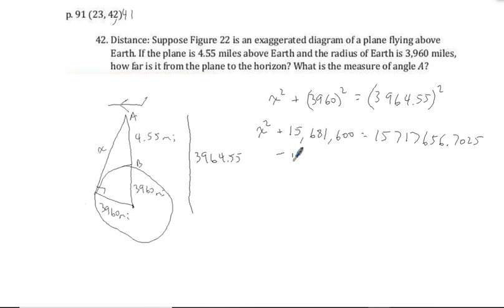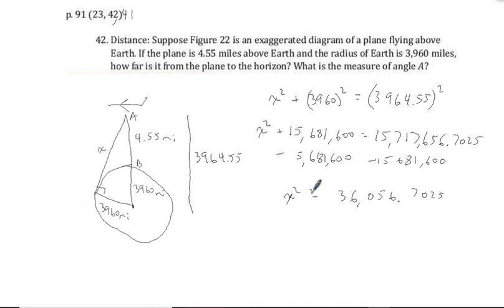We're going to subtract this 15,681,600, and we'll have x squared equal to 36,056.7025.